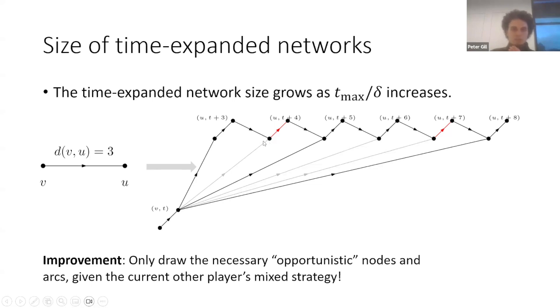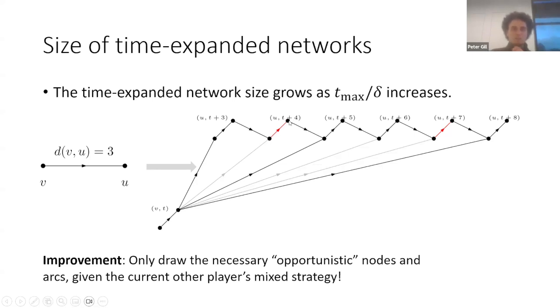Say this one over here, the second edge. If I went there, the only reason I would want to go there instead of just traveling at max speed along the first edge is, well, there's no point, because if I were to travel the second edge, I would get hit by the police over there.